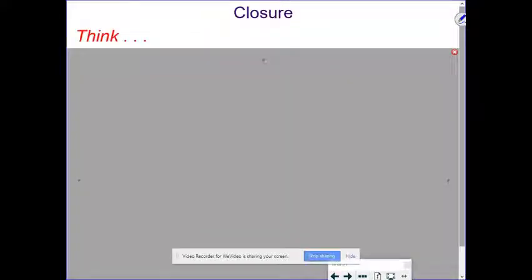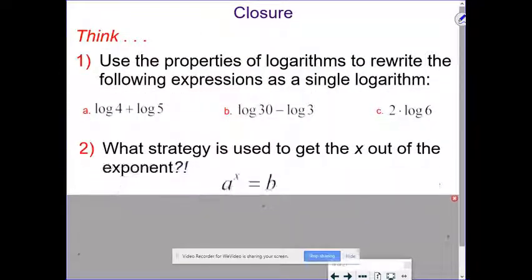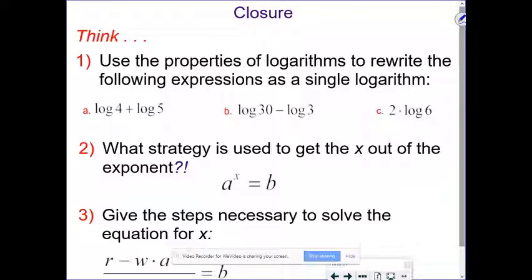So, the closure here. Think about these for a second. Hit pause. And then we'll go over them. So the first one, it's addition. Addition, that means I'm going to end up multiplying the 4 and the 5. I should get log of 20.